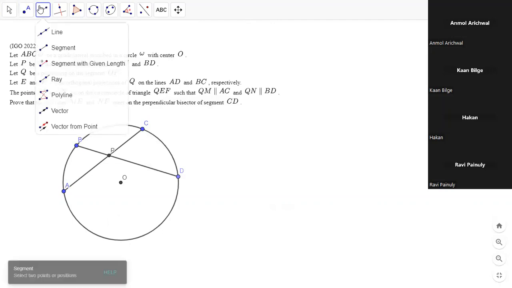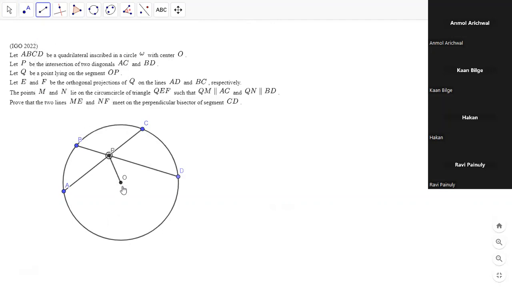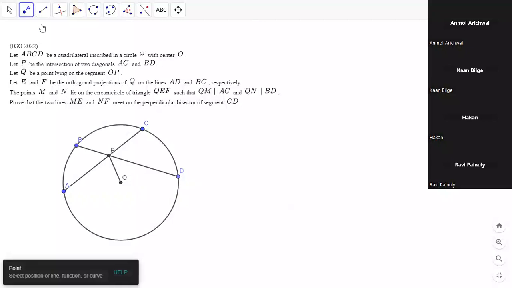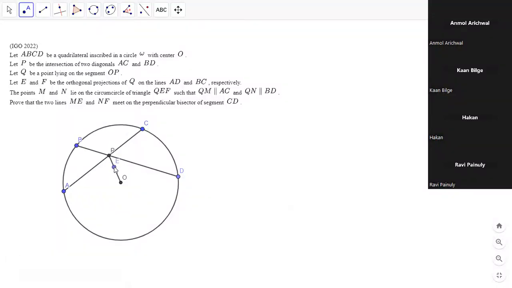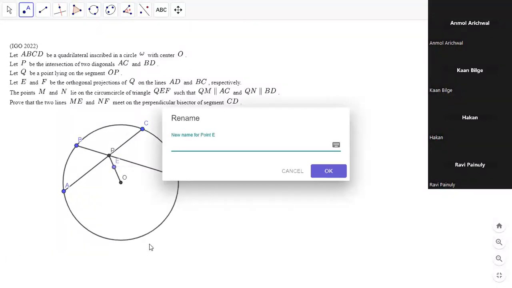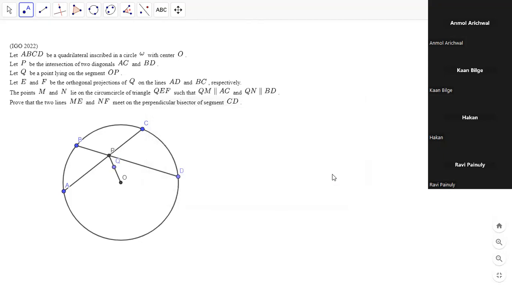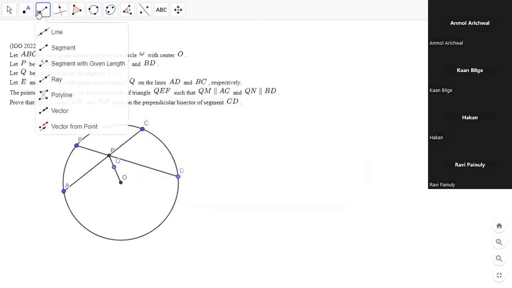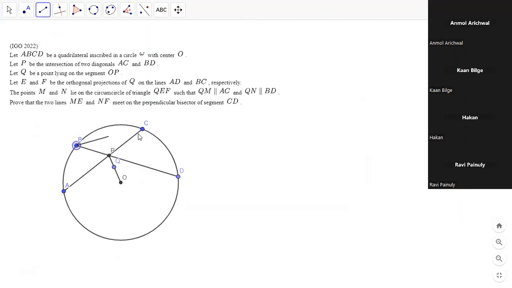And Q is a point on OP. And E and F are the projections of Q onto AD and BC. This is interesting. So it almost looks like AB is a diameter there, so I'm going to fix that.